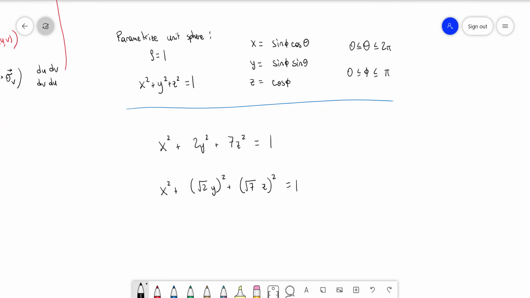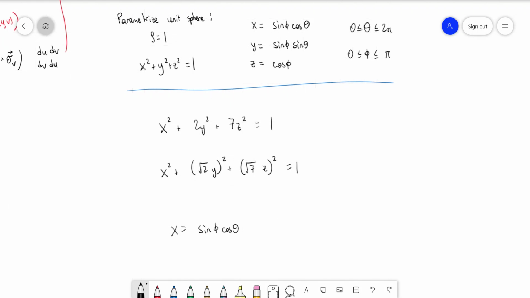Then what I'm going to do is treat this as a new y, at least for the moment, and I'll treat this as a new z for the moment. Then this would look like an equation of a unit sphere: x squared plus new y squared plus new z squared equals 1. So then I could parameterize it by using my spherical coordinate equations up here. x would be sine phi cosine theta.